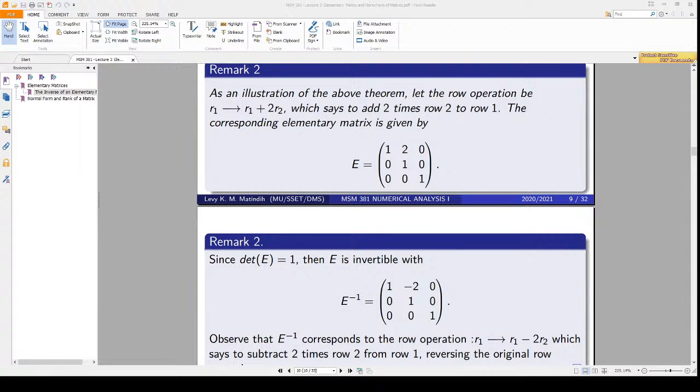So what we're saying is we can reverse this, taking the inverse of the elementary matrix back to the identity matrix.